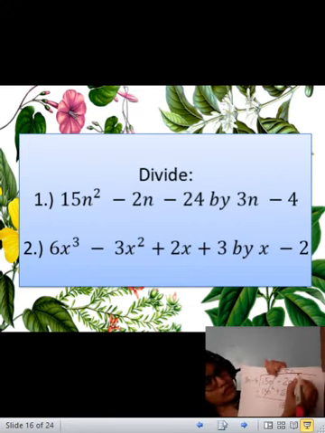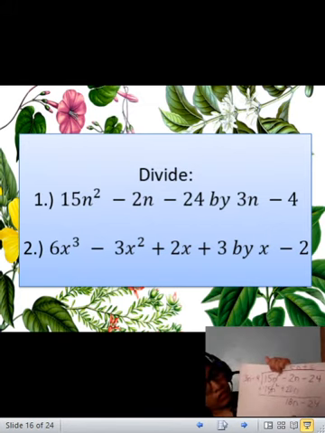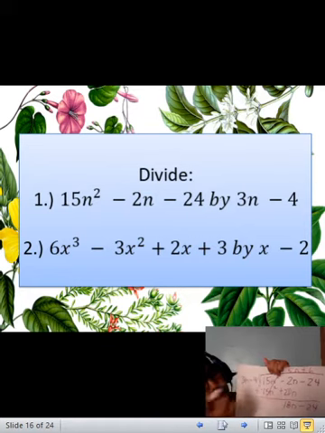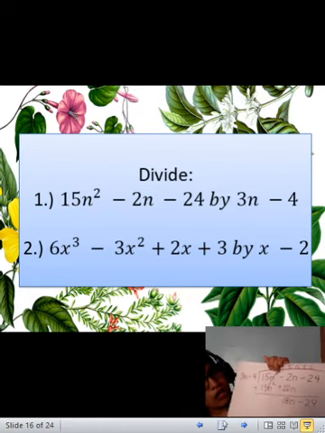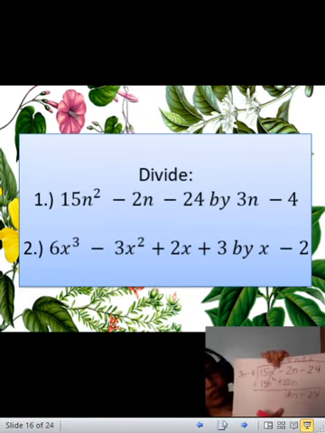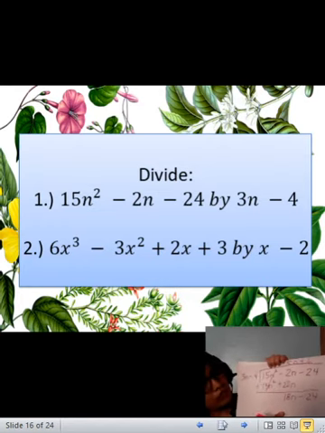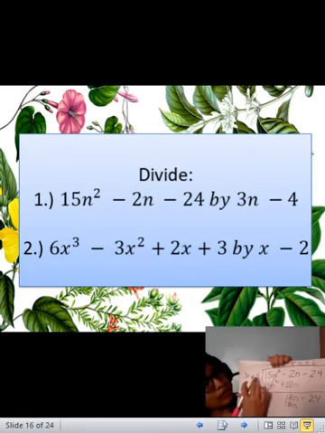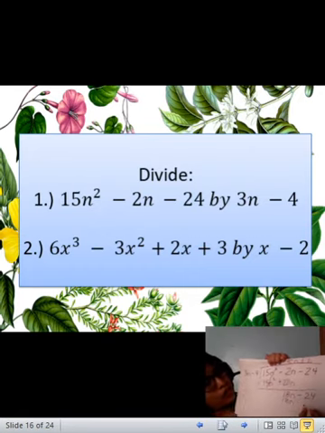18n divided by 3n. So you will have plus 6. 6 only because they have the same n, and n minus n will give you n raised to 0. So 6 times 3n will give us 18n again. 6 times negative 4 will give you negative 24.